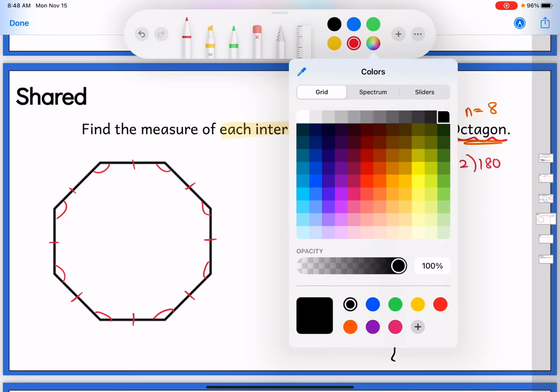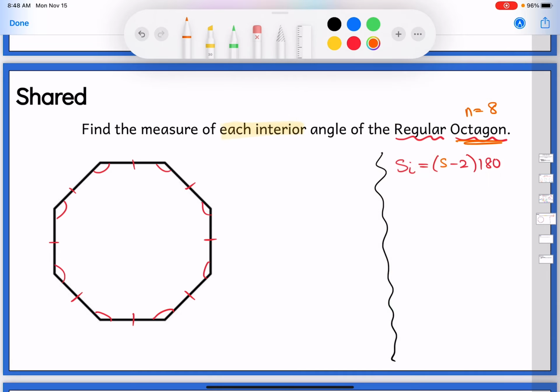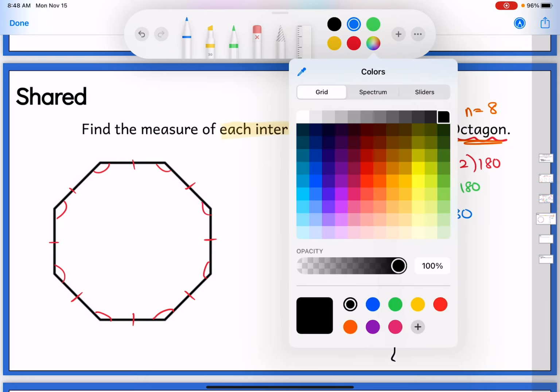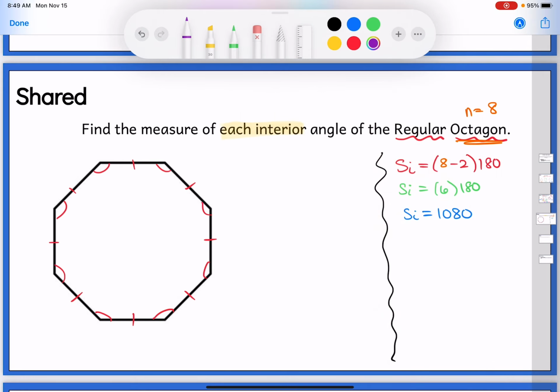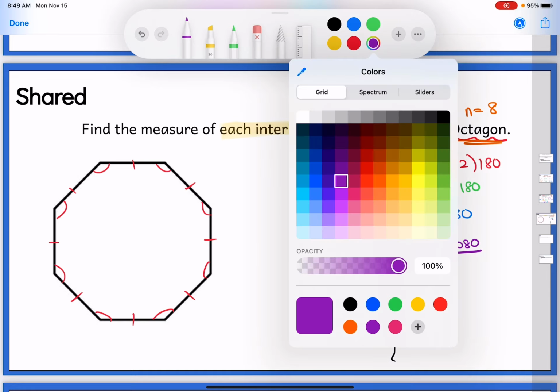In this case, my N is 8. So the sum of the interior angles would be 6 times 180, which means the sum of the interior angles is 1080. So that's all of them together, right? But I know that there's 8 of them, right? So that means one interior angle would be 1080 divided by 8.